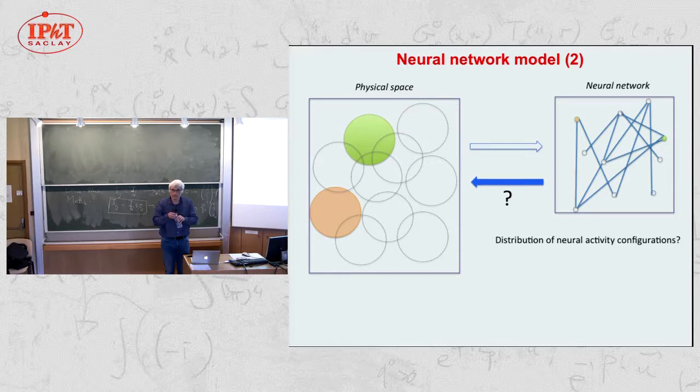So if they fire together, they should be close in the network, unless you have very long connections. So it depends on the region of the hippocampus. In CA3, which is one specific region where there are a lot of connections, I mean not a lot compared to n squared. It's very sparse, but still it's large.